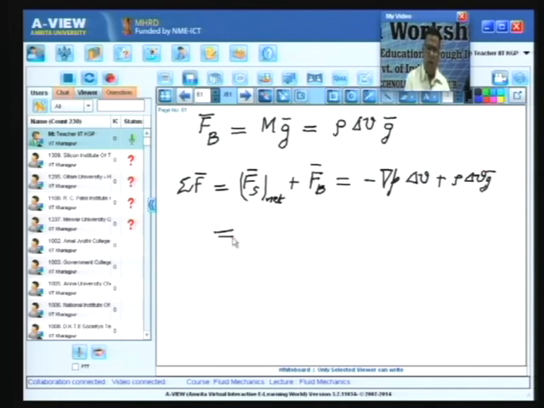If you factor out the delta V, you have minus grad P plus rho g into delta V.